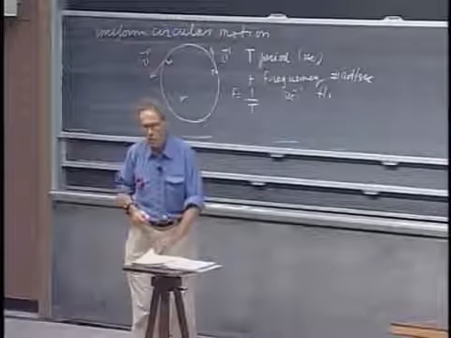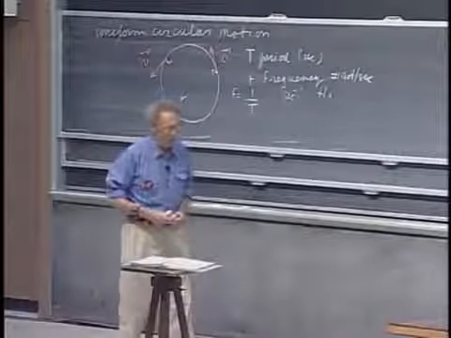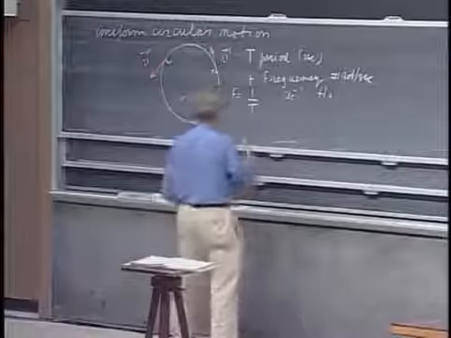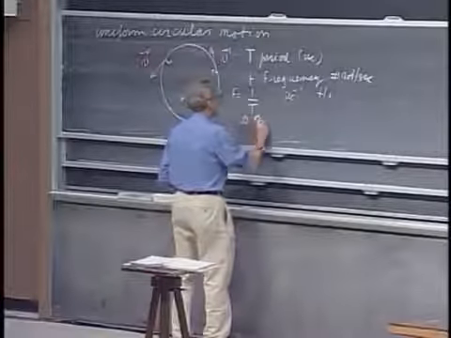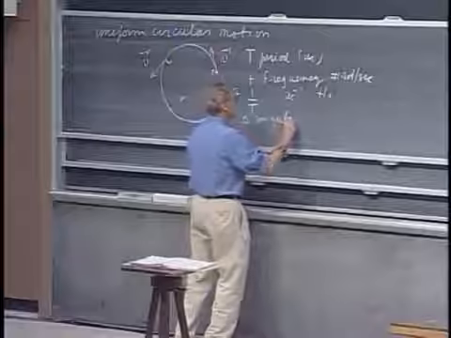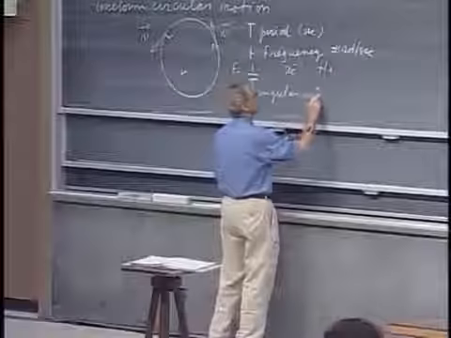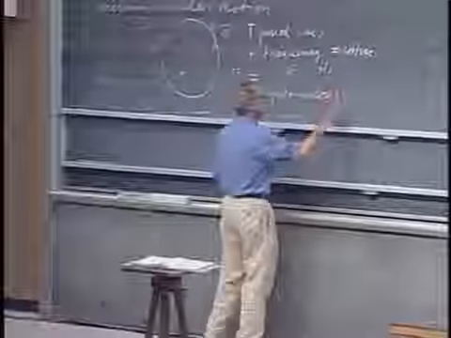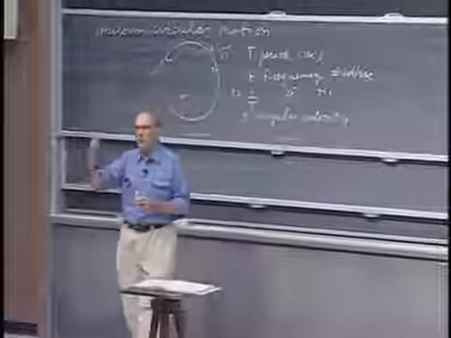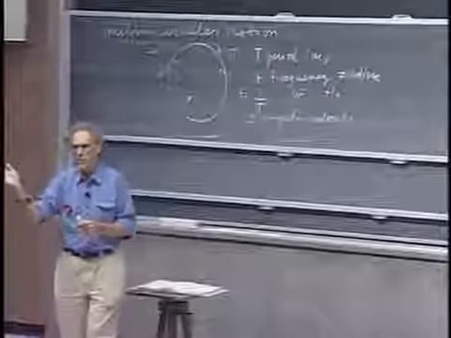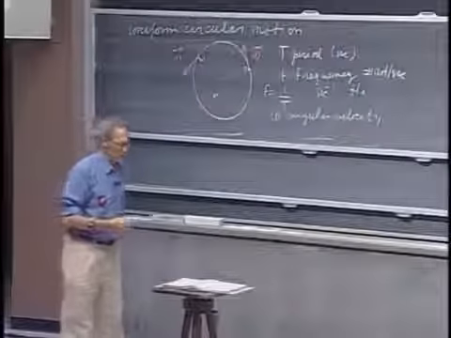We also introduce angular velocity, omega. Angular velocity means not how many meters per second, but how many radians per second.